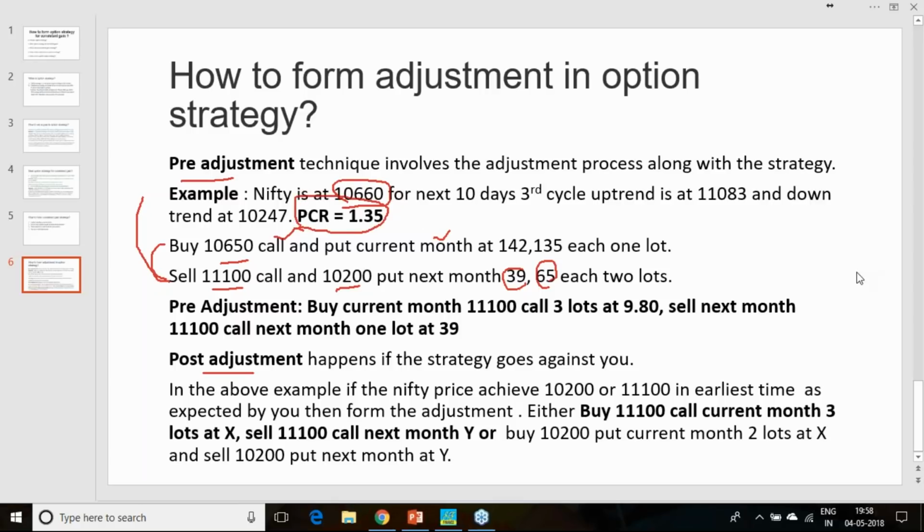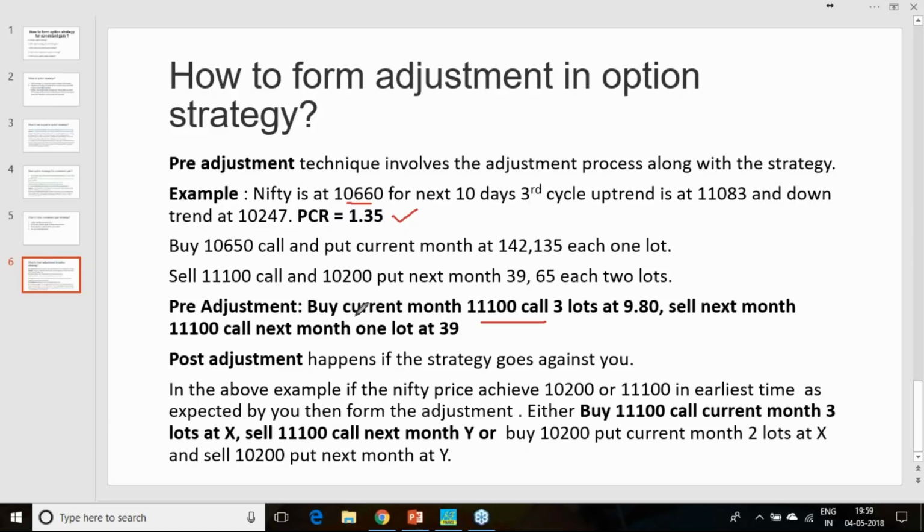So 1.35 means it is an uptrend, and I have an uptrend risk. If PCR is 0.85, then I have a downtrend risk. So while initiating this strategy, I introspected the PCR. It said that yes, your strategy has a higher probability of uptrend risk.